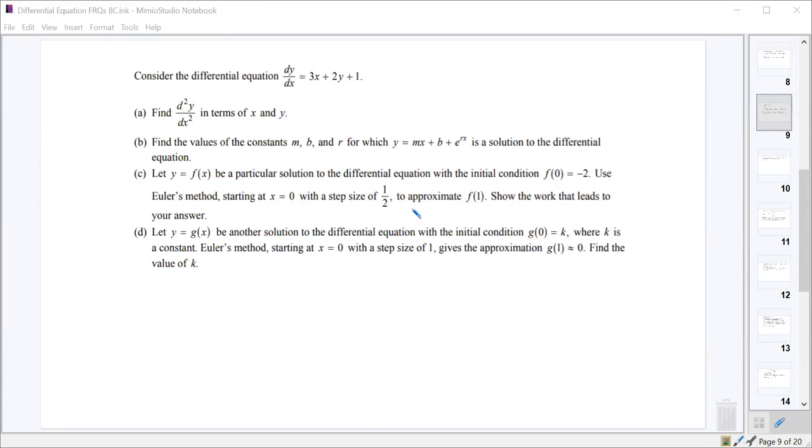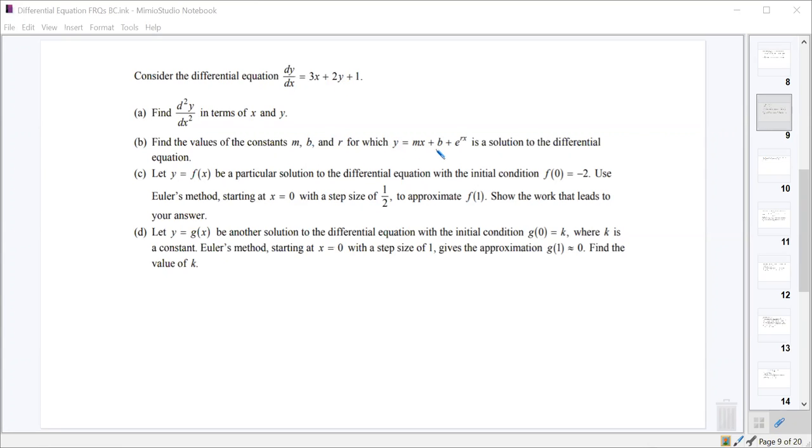All right, so part B here asks us to find values of the constants m, b, and r so that y equals mx plus b plus e to the rx is a solution to this. So the first thing that I would do here, if I were working through this one, is I would say that I've got a y in my differential equation.